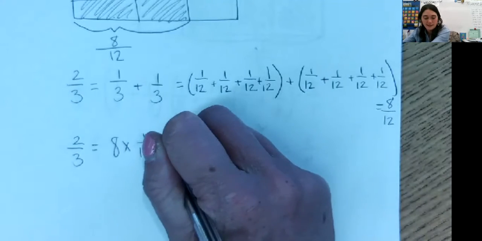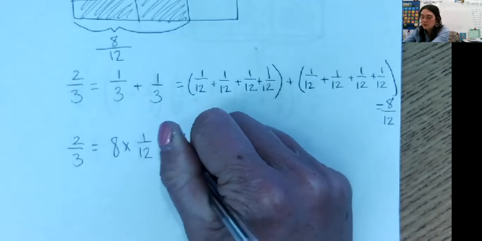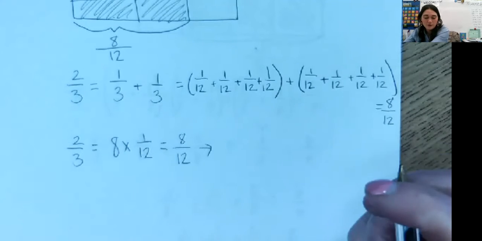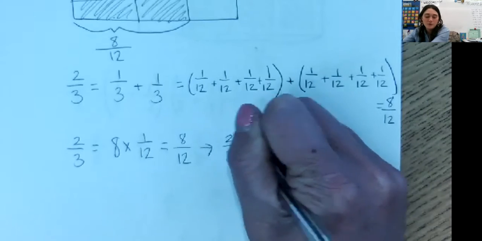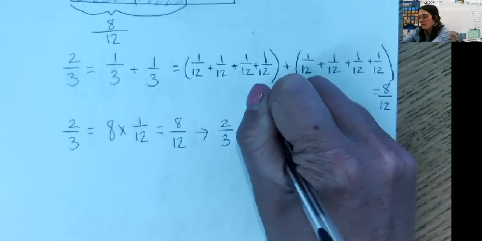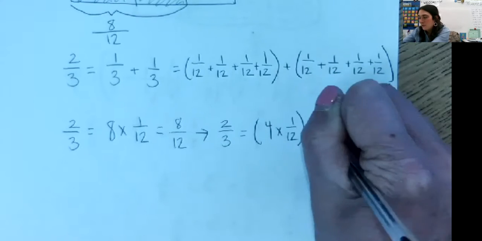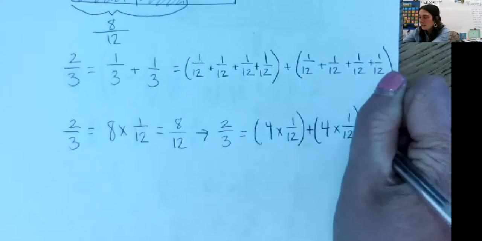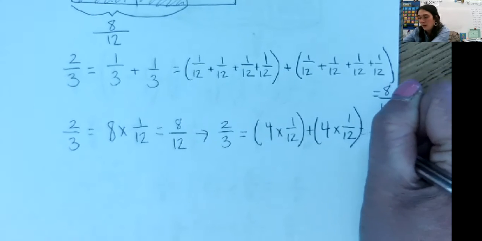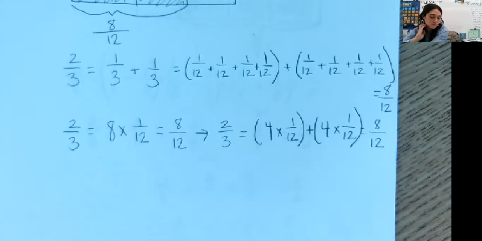I can also say is equal to 8/12, which I can also write as 2/3 is equal to 4 times 1/12 plus 4 times 1/12 equals 8/12. Okie doke.